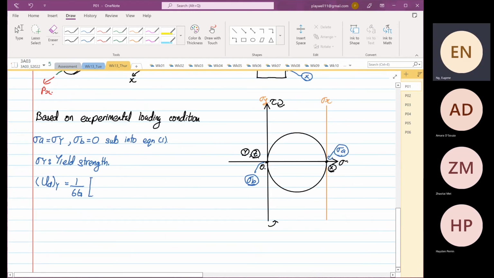And we know that stress B equals 0. So we substitute in here, get sigma Y squared minus sigma Y multiplied by 0 plus 0 squared. In the end, we will get sigma Y squared divided by 6G. So this is von Mises criteria.